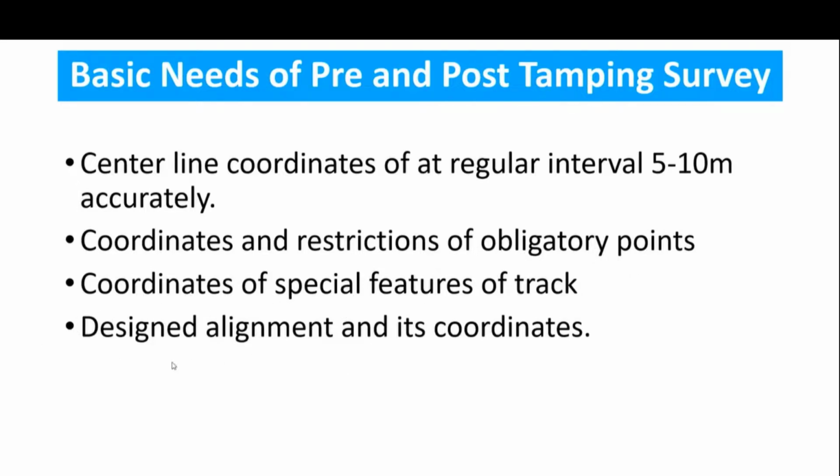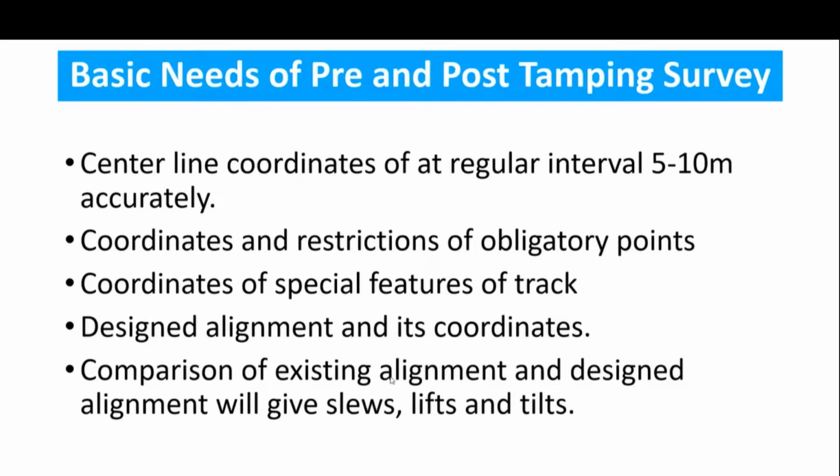If we have the designed alignment, then we use the designer, otherwise we will have to design the alignment based on the center line coordinates. Then comparison of the existing alignment with the design alignment will give us the slews, lifts and tilts. Tilts are the super elevations. So basically we require slews, lifts and tilts for the tamping machine to rectify the track.